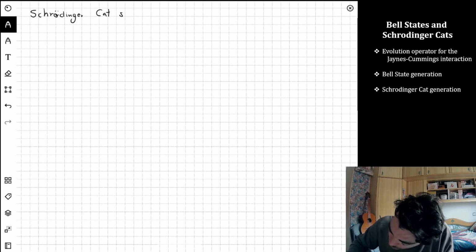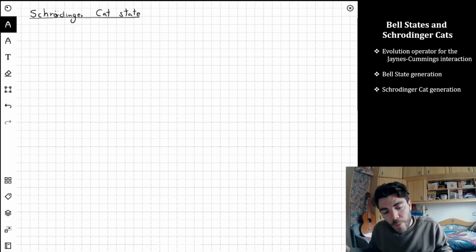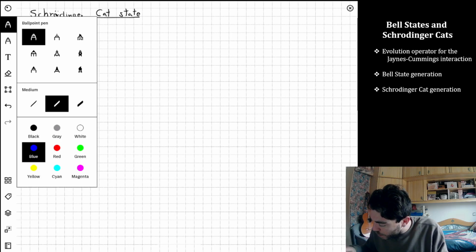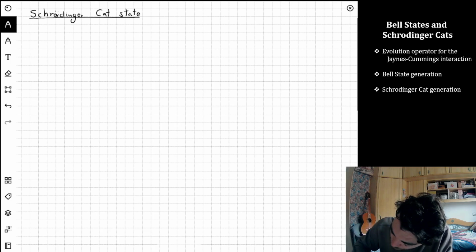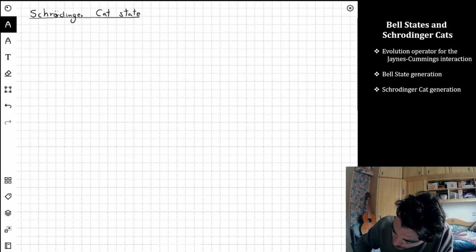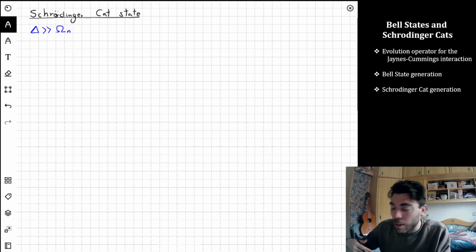Schrodinger cat state. Okay. And for this, I need the evolution operator, but it's going to have a simpler form. Let's see what happens to this evolution operator that we just calculated if the detuning is much bigger than the interaction, omega n, for all the Fock states n that are going to be relevant.